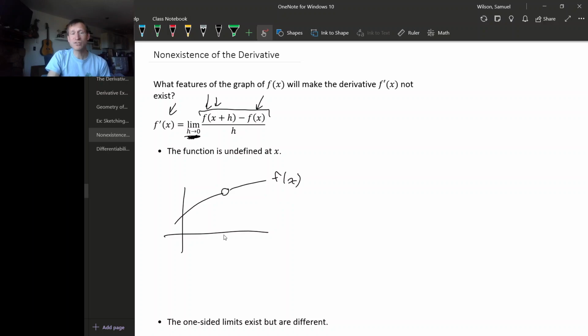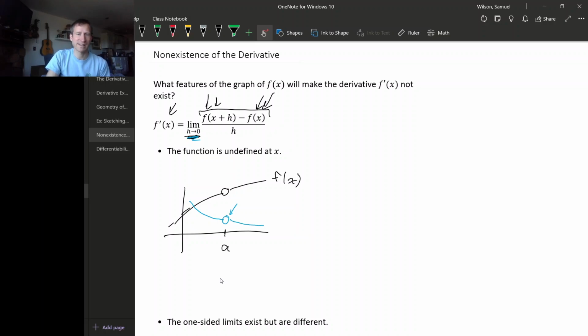At any x value, say a here, where this function is not defined, its derivative also cannot be defined, just because f of x isn't defined. If we went to sketch the derivative, these tangent slopes are positive and getting smaller, but at this value a, there can't be a derivative because this limit doesn't exist when x is a.